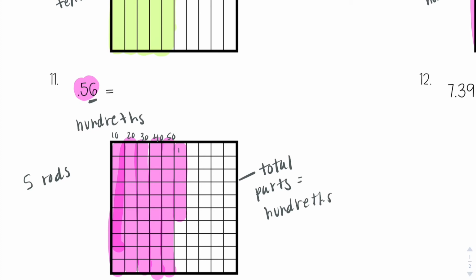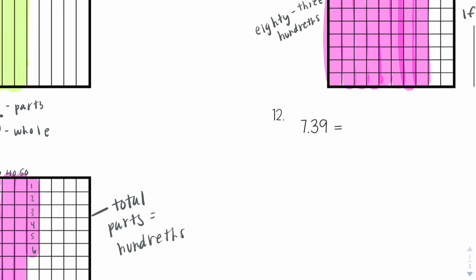You're going to see me label it here in a second. I have 56 units total, and each of those units represent a hundredth. So I have 56 out of 100, or 56 hundredths. So that's why my denominator has become 100, and that 56, which was my decimal, becomes my numerator because that's the amount of parts I have.